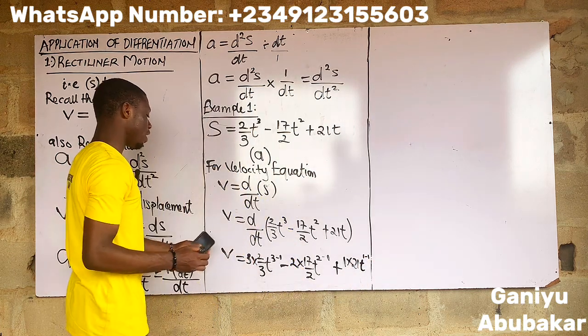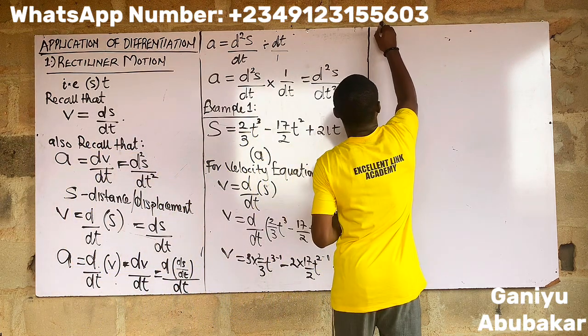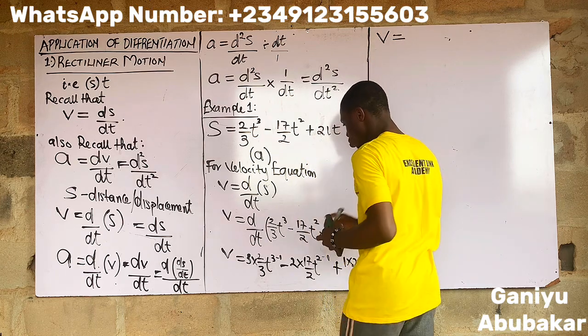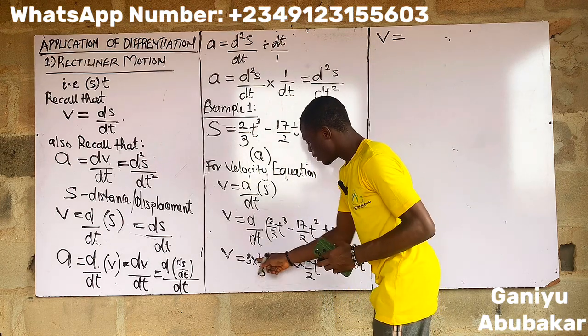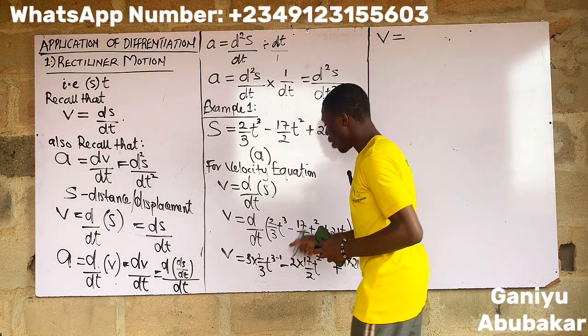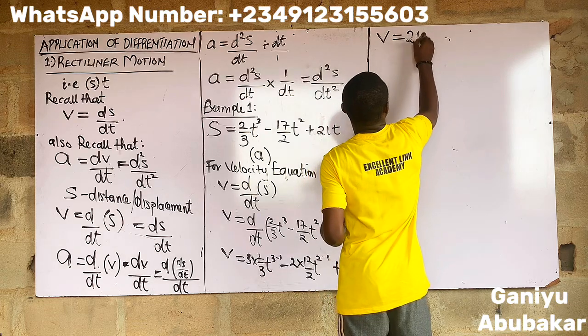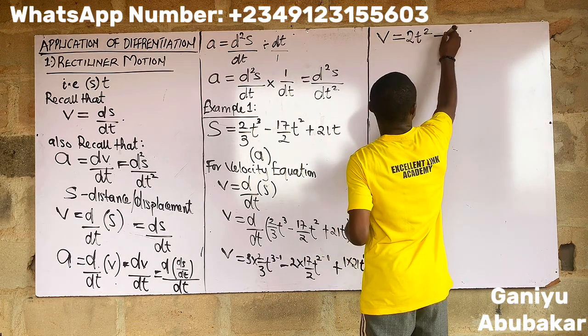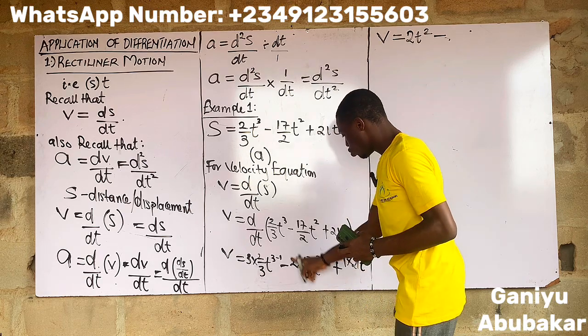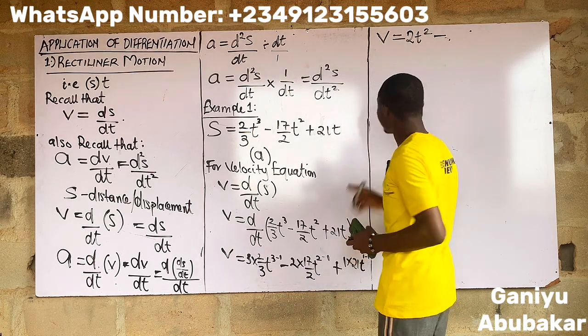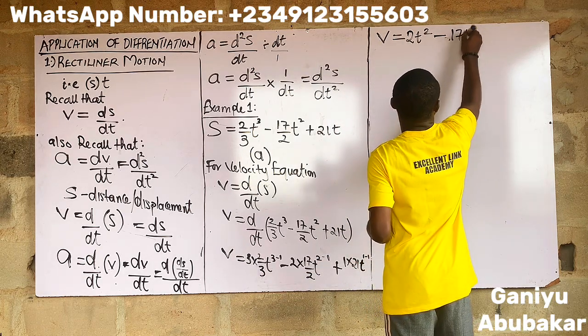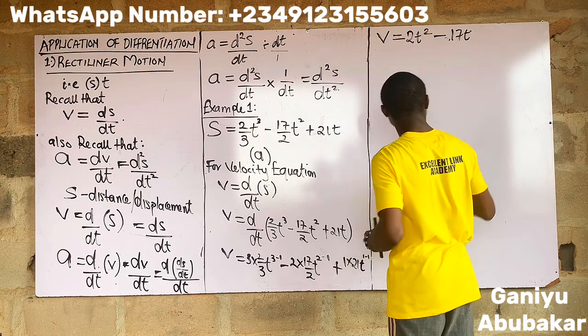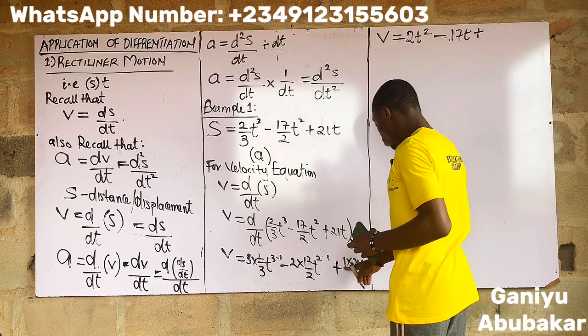All right, at this point now, what's v? Velocity equation v is now equal to 3, cancel 3. That becomes 2t squared. So I have 2t squared left here, minus 2, cancel 2. That becomes 17t. I'll have 17t plus 1 times 21.